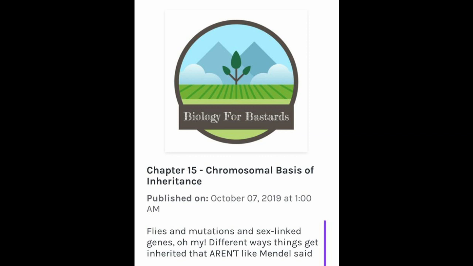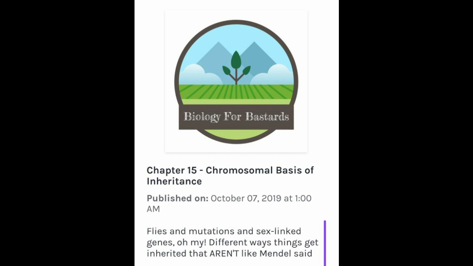And non-disjunction is technically a mutation, or we can say it's a mutation. But you can have other types of chromosomal mutations where you're dealing with chunks of the chromosome and not the entire chromosome doing something weird. Like you can have a deletion, where a chunk of a chromosome gets removed. That's super straightforward.